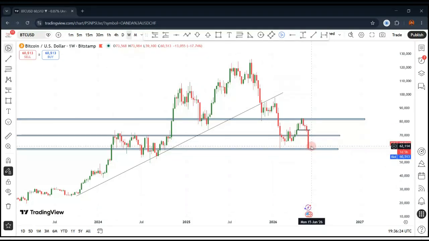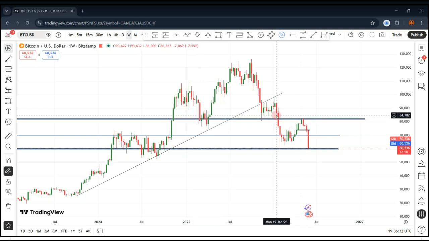However, we have this major support level where the market retested it here and pulled to the downside. So I will not disregard the fact that this market is a downtrend market. But however, this zone was rejected earlier, and this is where price is currently.